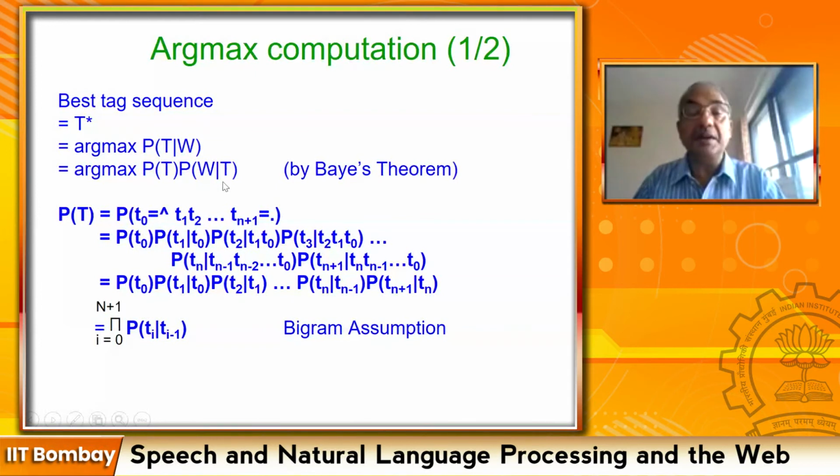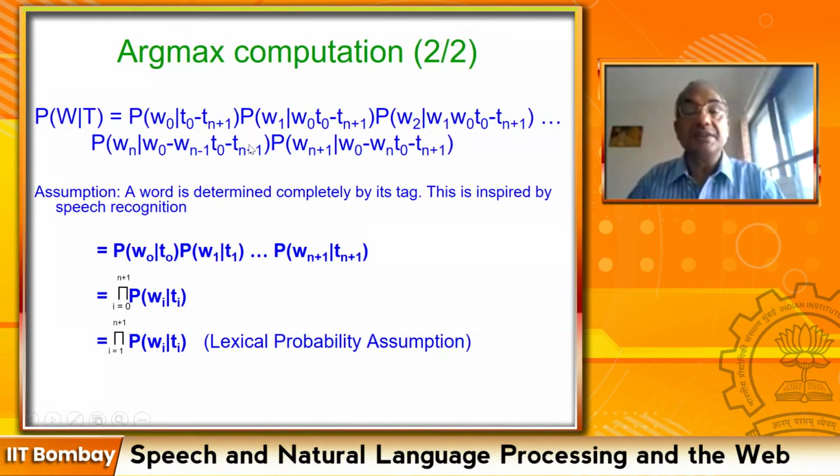The likelihood probability part is also similarly treated. First apply joint probability, apply chain rule, apply Markov assumption. The word depends only on the tag, and then you have another set of probabilities, probability of Wi given Ti. So you have this set of parameters, probability of Ti given Ti minus 1 and probability of Wi given Ti.